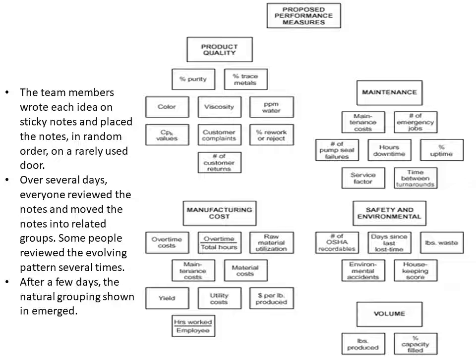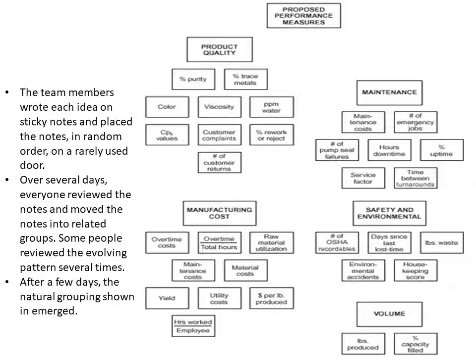Then the next is manufacturing cost. We have overtime cost, overtime total hours, raw material utilization, maintenance cost, material cost, yield, utility cost, hours worked, and employee turnover.